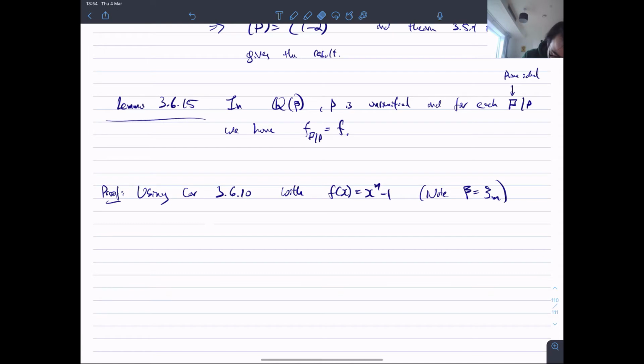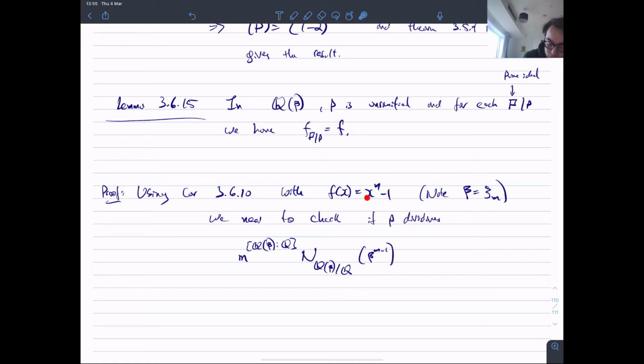So using this corollary, we need to check if P divides the following quantity. If you write it out, this is going to be the norm from Q(beta) to Q of m to the power k times beta to the m minus 1.